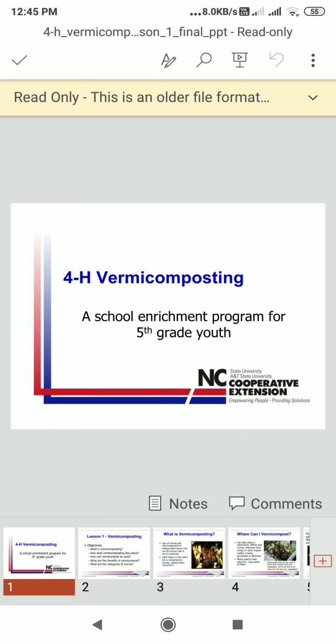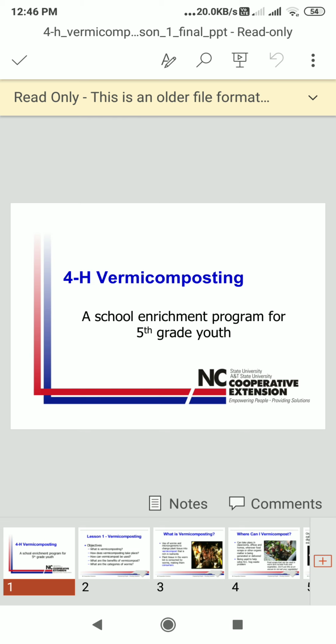You can see composting is a natural process, that is rotting of organic matter by organisms under controlled conditions. Vermicomposting is basically done by earthworms.